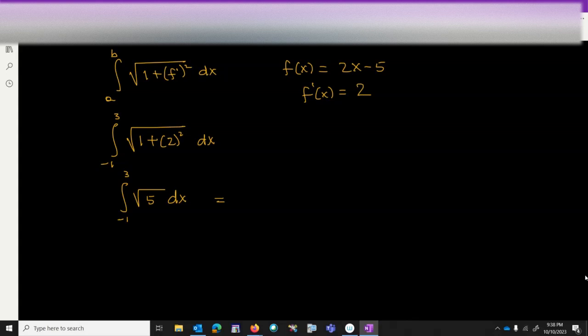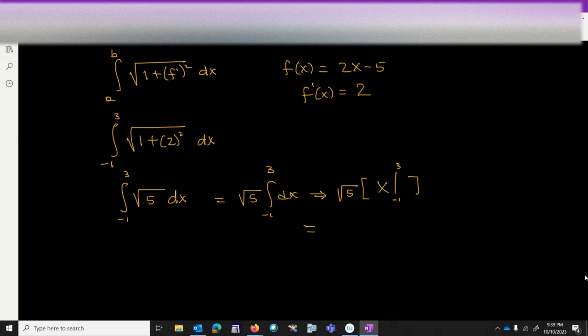Root 5 is a constant, so I can bring it outside of the integral. This is root 5 times the integral of dx from -1 to 3. What is the integral of dx? The integral of dx is just x. So square root of 5 times x from -1 to 3, from lower limit to upper limit.